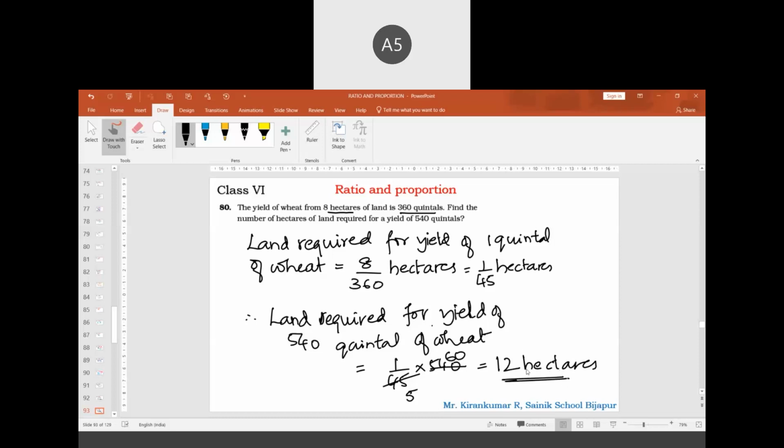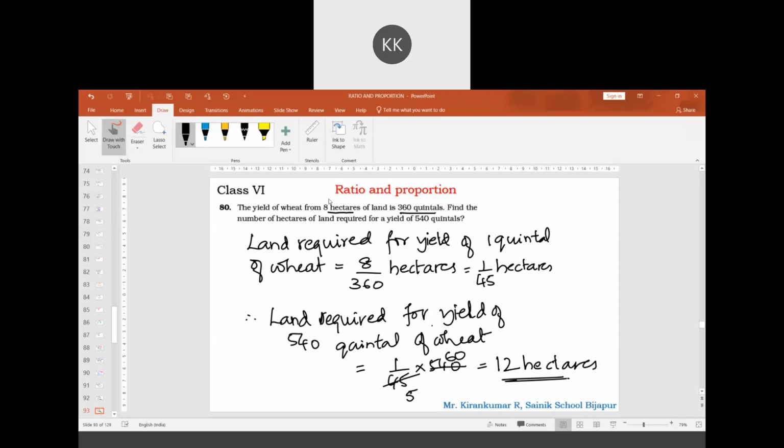Sir, 12 hectares means how many acres? No, I didn't get your question. What is your question? How many hectares is equal to 1 acre? You should know that 10,000 meter square area will be equal to 1 hectare.